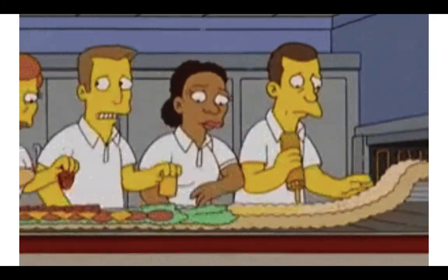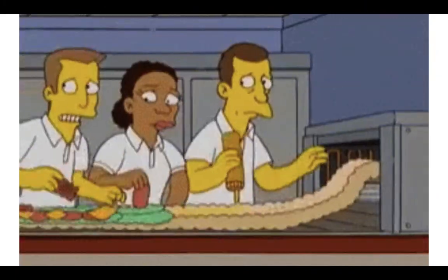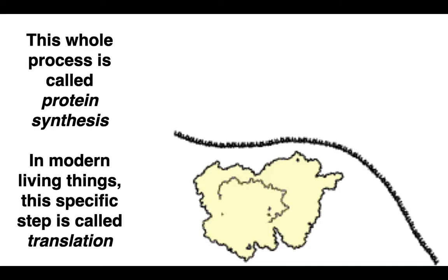And of course, these people are feverishly assembling this incredibly long submarine sandwich because Homer's sitting right there, just stuffing it into his mouth as they finish. Anyway, when we apply this assembly line metaphor to protein synthesis, the process is called translation. In modern living things, this specific step is called translation.